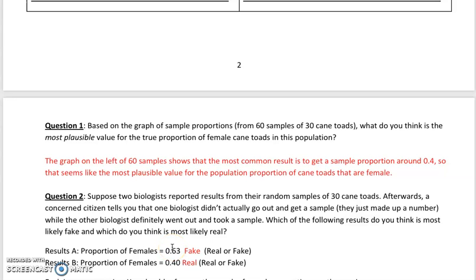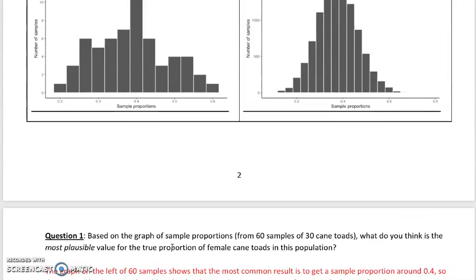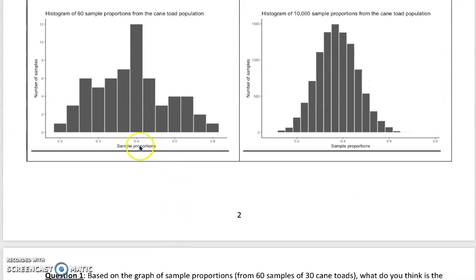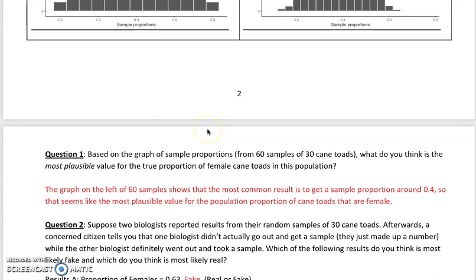And if you stop and think about why that might be, you'd look back up at this graph and see that a lot of biologists that actually did go out and take their samples got results right around sample proportions of 0.4. Now, a sample proportion of 0.63 looks like maybe not impossible, but it's pretty unusual. It doesn't seem to happen very often if somebody actually goes out and finds their data.